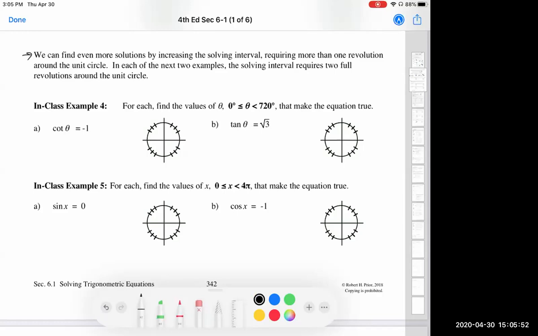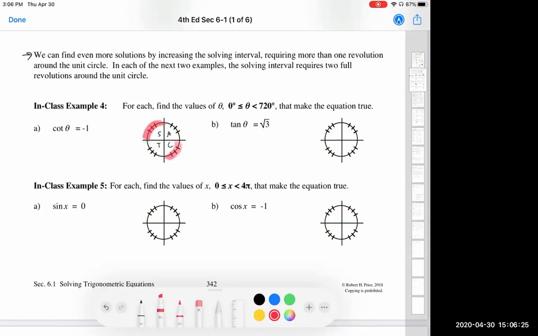So for A, cotangent theta of -1. Well, if we want a negative, we know all students take calculus. Well, first of all, tangent and cotangent are positive in quadrants 1 and 3. If we want a negative, we want to work with quadrants 2 and 4.